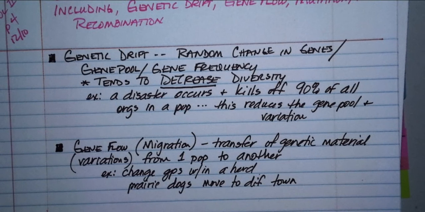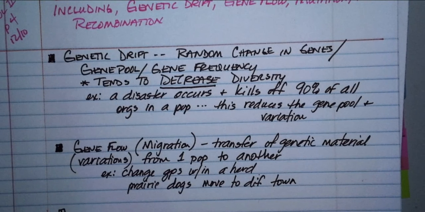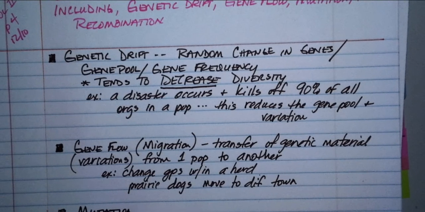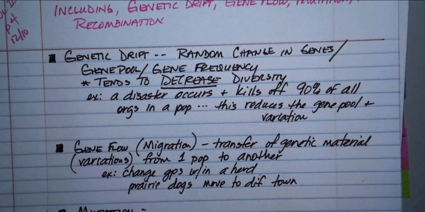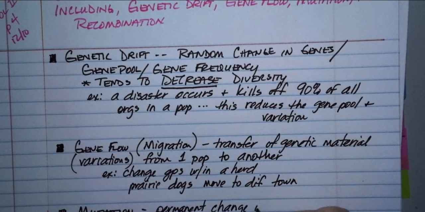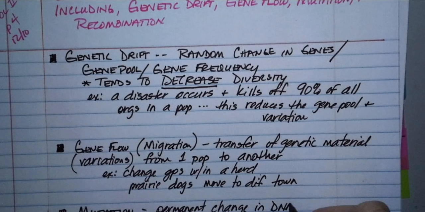Okay, the next thing on here, and we already talked about this a little bit, mutation. A mutation is the permanent change in the DNA. And usually, mutations increase variation. I'm going to go back up one to the gene flow here.